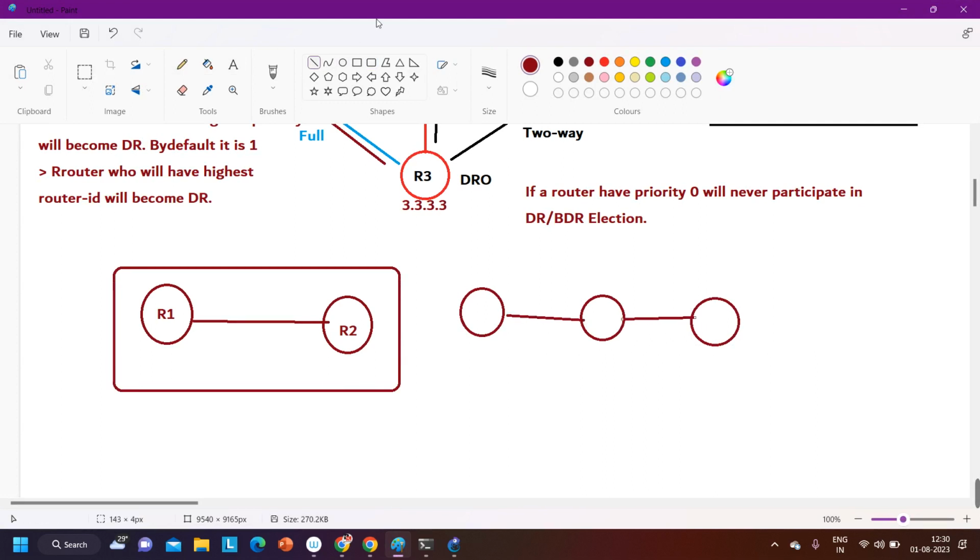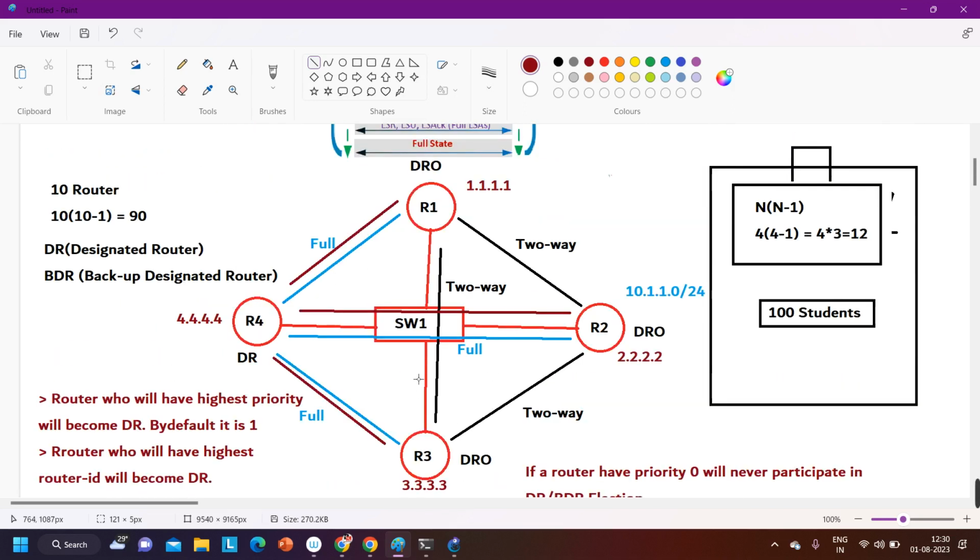Why is DR and BDR not required here? Because we will have one neighborship here and one neighborship here. Can I reduce the number of adjacency here? No. Whenever more than 2 routers are connected on the same segment, then only DR and BDR is required. In this topology, you can see 4 routers are connected on the same segment.